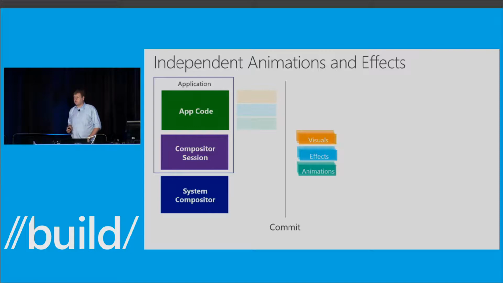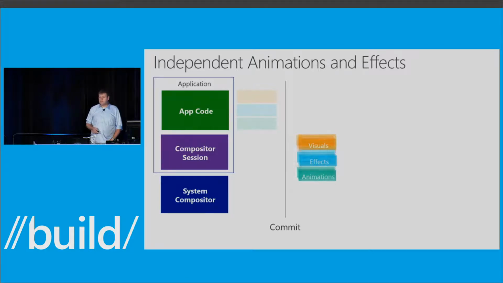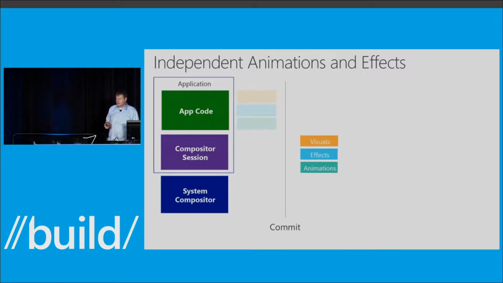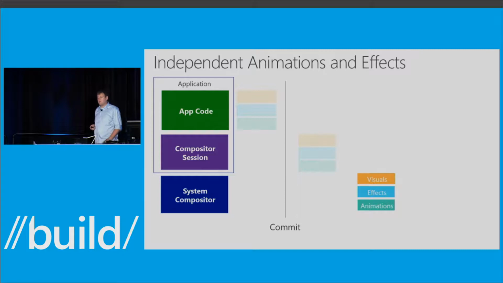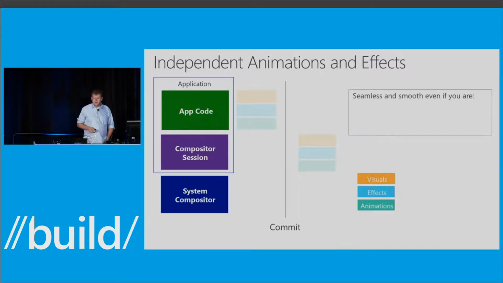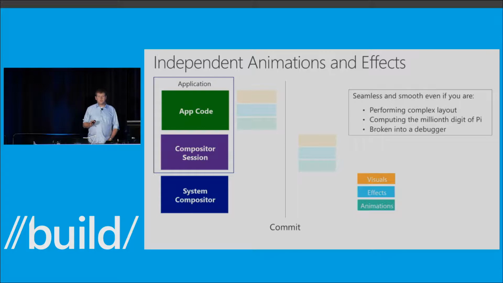So for example, if you moved a visual and then moved it back before the commit occurred, that'll get optimized out. Once we have that optimized list of operations, we'll go ahead and marshal those over to the system compositor, and it's here where the visual tree actually lives and where your effects and animations actually execute. What this means for you is, even if your UI thread is busy, you will still be able to deliver a smooth, seamless experience to your customers.